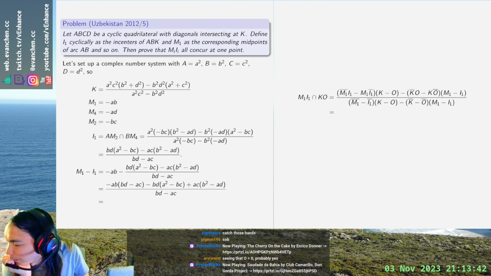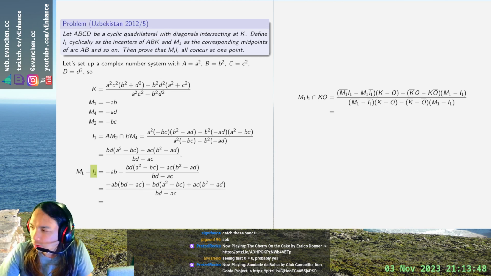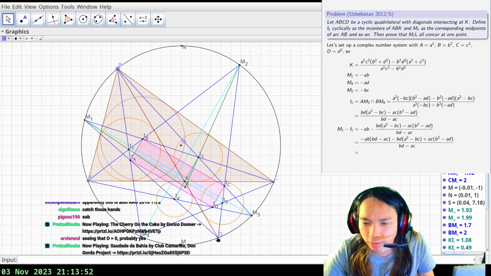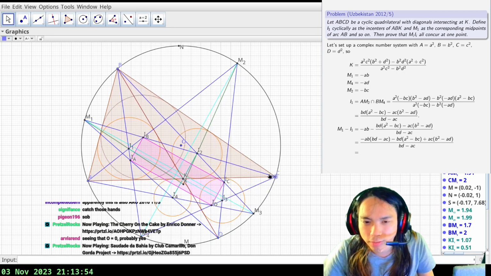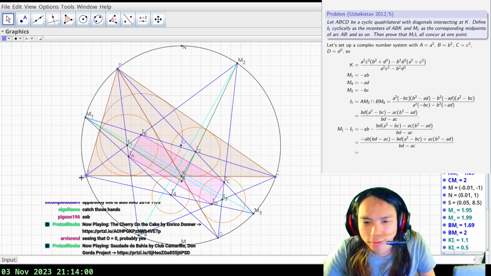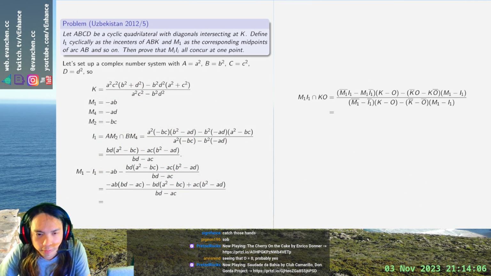Okay, wait, I should be able to see this from the picture actually. We can go back and ask, when are the points M1 and I1 the same point in the GeoGebra? M1 equals I1 if A equals B. Ta-da! So that means in the algebra, there should be a factor of A minus B in here.